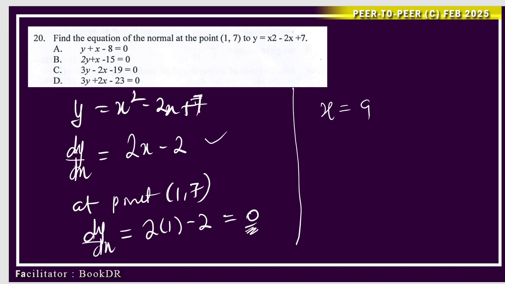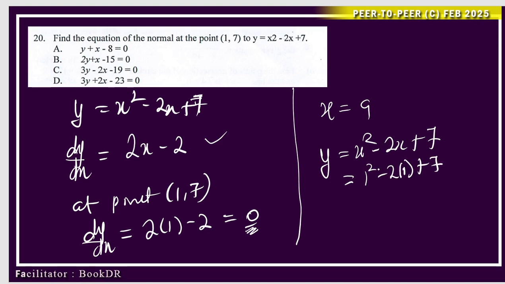Good. Let me even see whether 1, 7 satisfies the equation y is equal to x squared minus 2x plus 7. Let's see. Okay, but let's throw in and see. So 1 squared minus 2 times 1 plus 7.